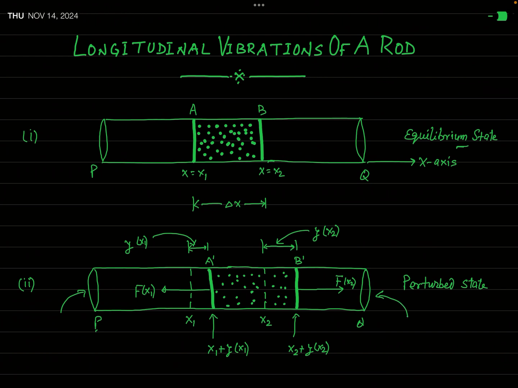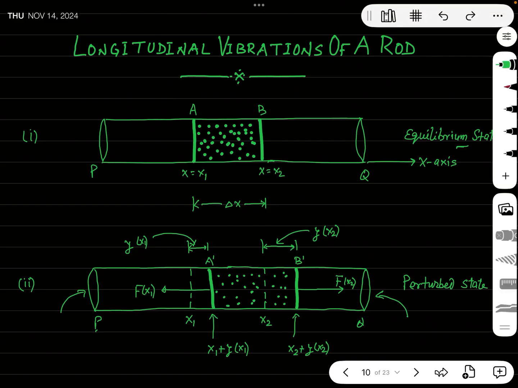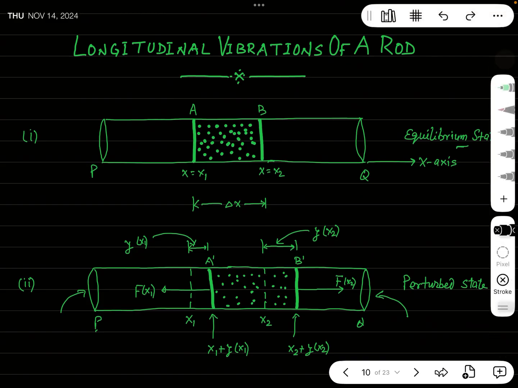Let us consider two hammers. You may strike the two ends of the rod, or you may also strike only one end. There is no need to strike the other end. You may strike the rod at one of the ends, let us say at this P by a hammer. And this striking is along the length of the rod.